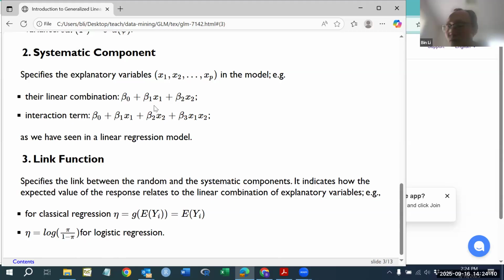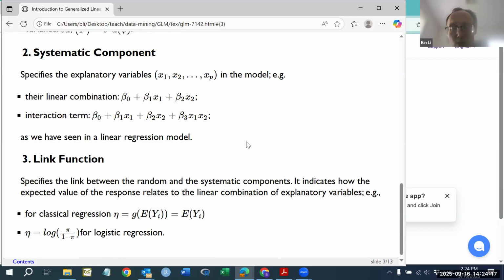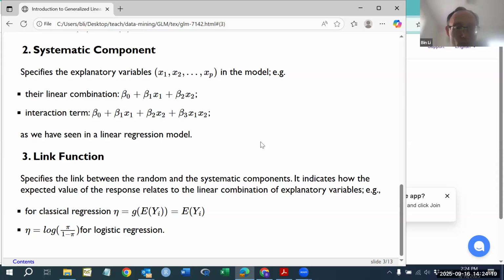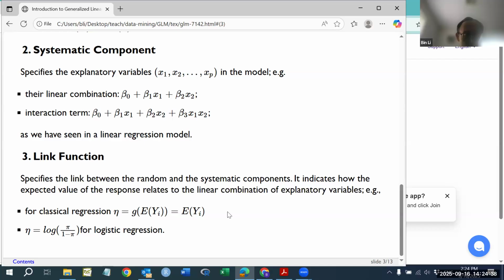That part you already know, and it can also include interaction terms, like in the linear regression model. And the third one is the link function. The link function specifies the link between the random component and the systematic component, and this indicates how the expected value of the response relates to the linear combination of the explanatory variables.